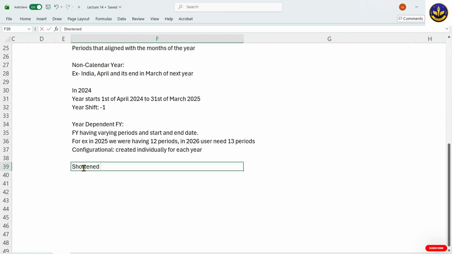Shortened fiscal year. So what do we understand by this shortened fiscal year? Let me write it here. Year.